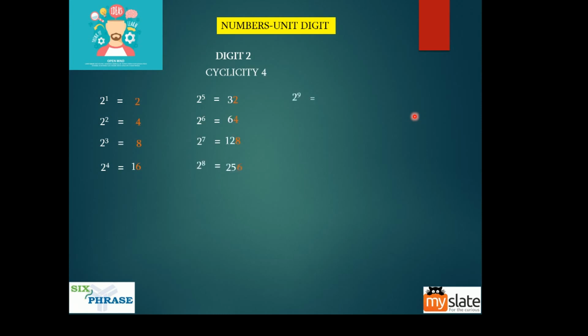Again 2 power 9, it is 2. 2 power 10, the unit digit is 4. 2 power 11, the unit digit is 8. 2 power 12, the unit digit is 6.